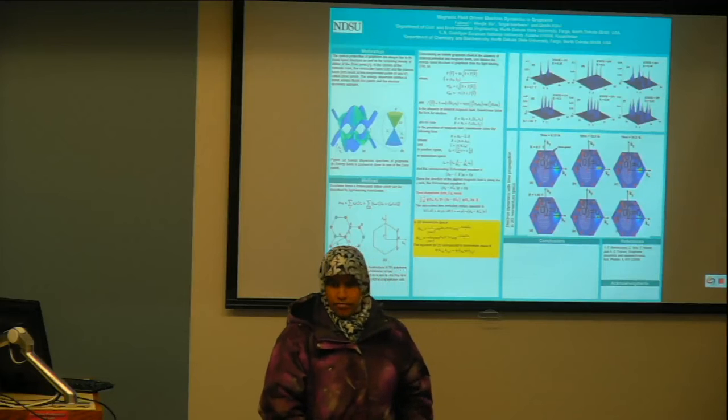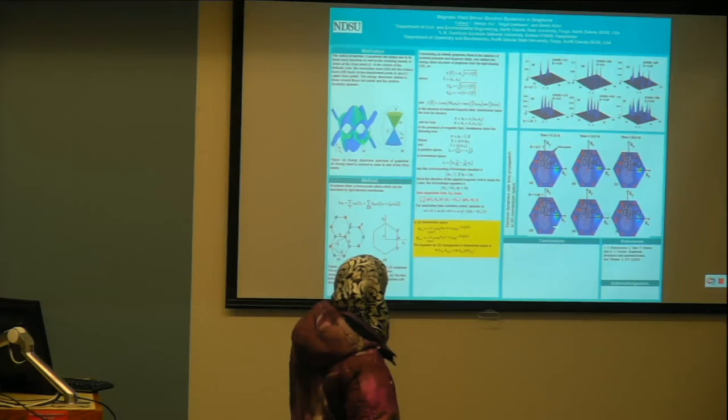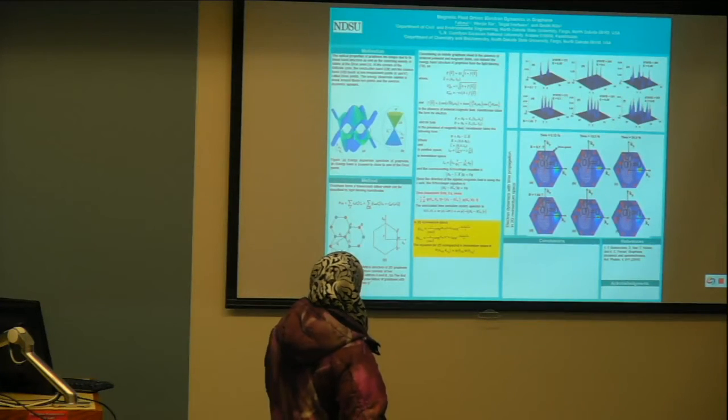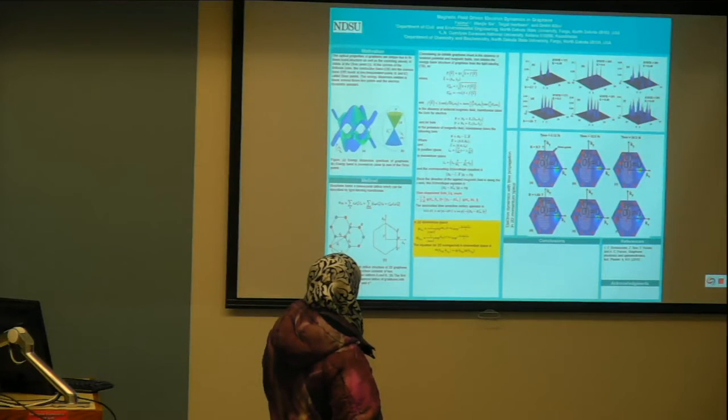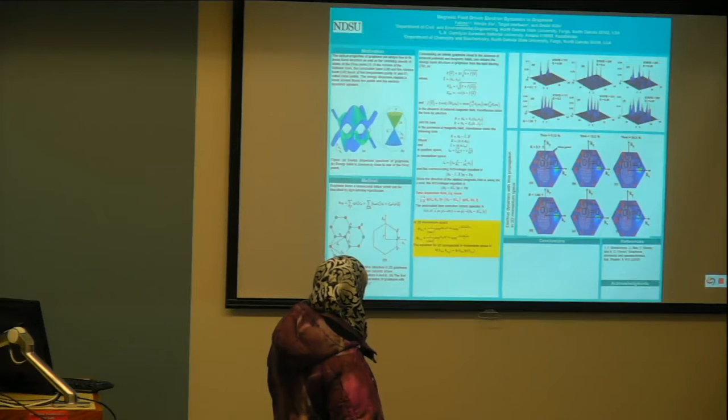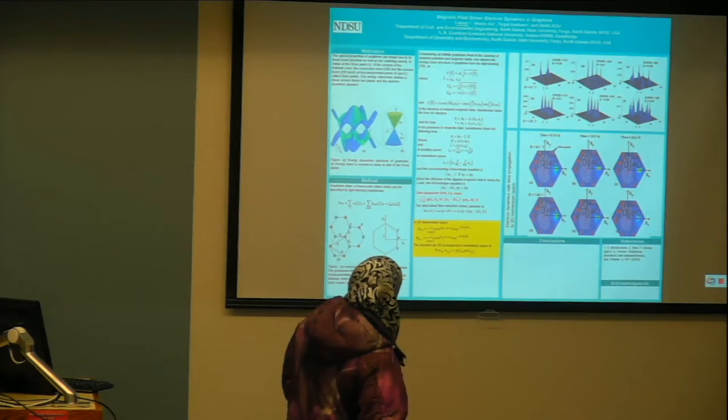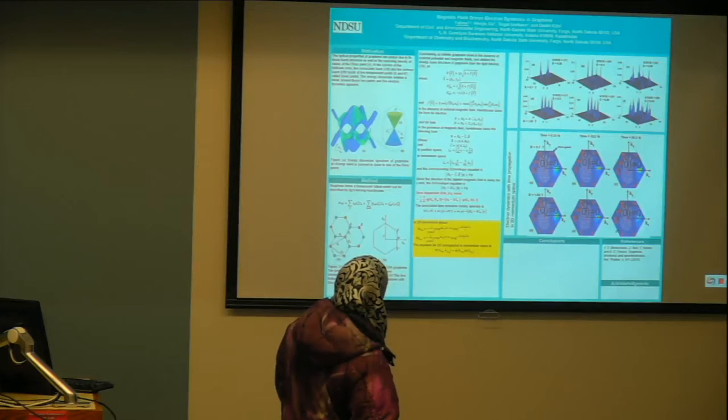Now please explain it in your own words, if you accept this logic. In the absence of an external magnetic field, the Hamiltonian is here, this is for EF.